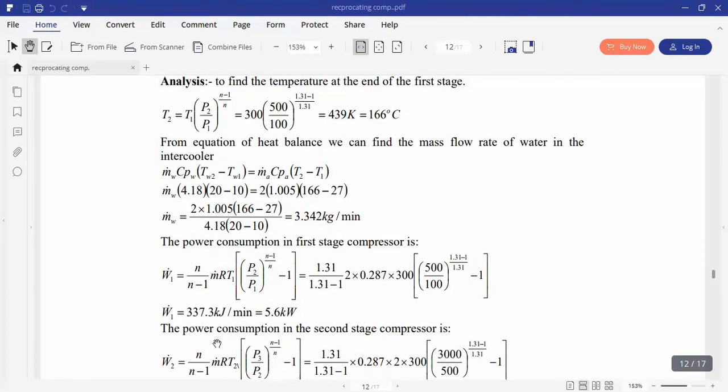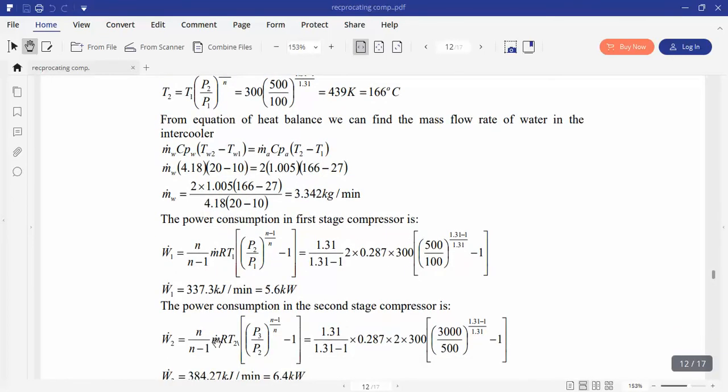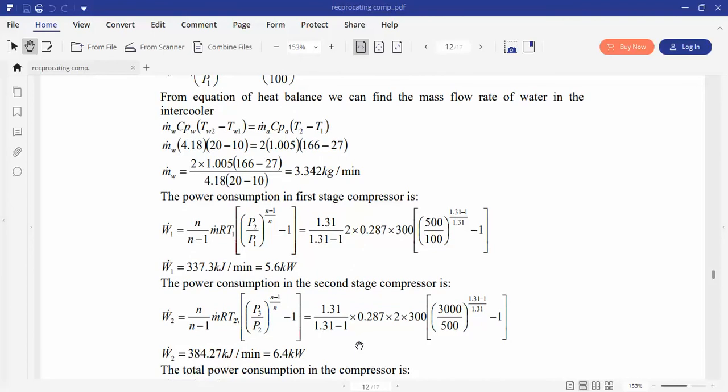The power consumption in the second stage, W2 equal n by n minus 1 into m R T2 prime into (P3 by P2) to power n minus 1 by n minus 1, and it will become 384.27 kilojoule per minute or 6.4 kilowatt.